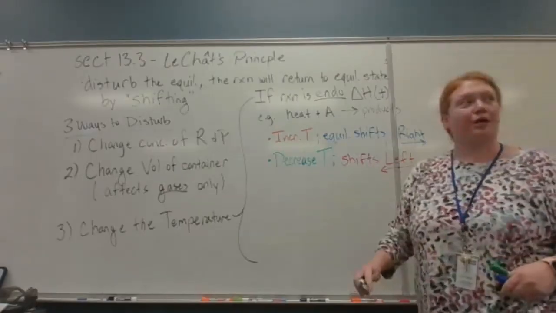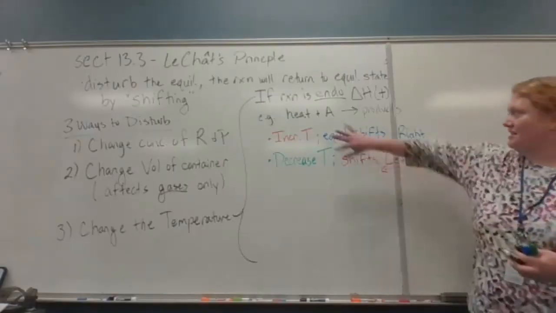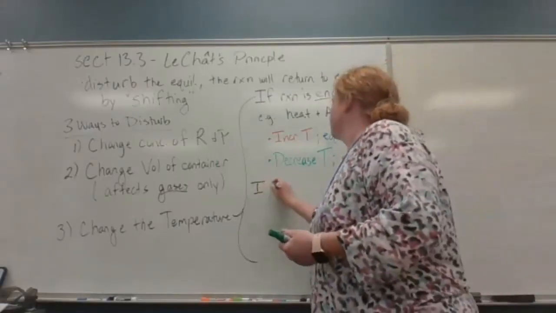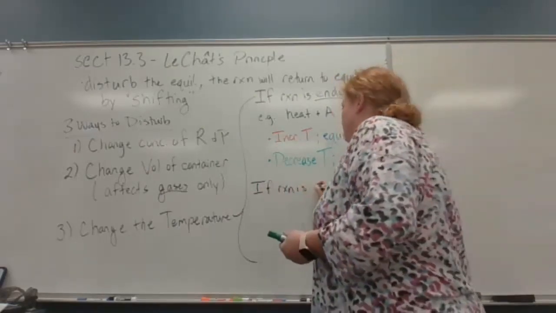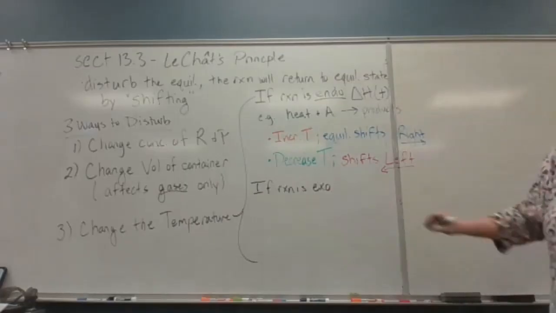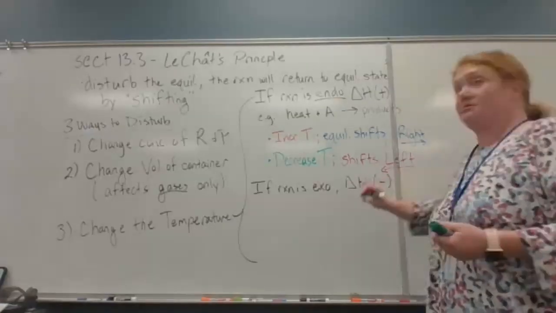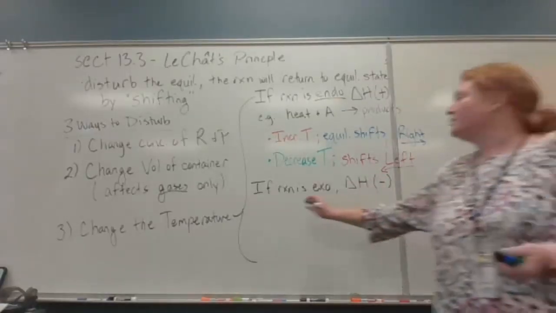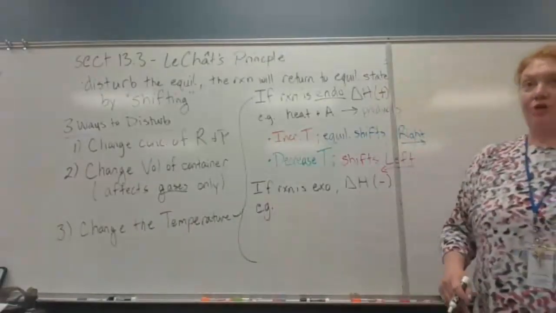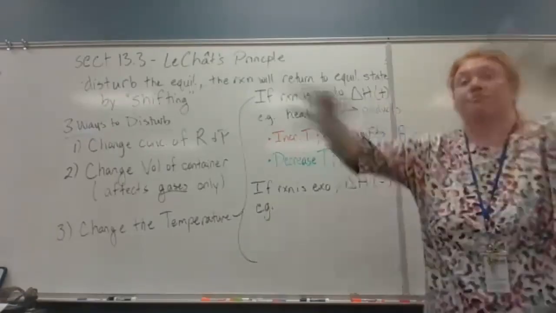Think about what will happen if it's an exo reaction. If it's an exo reaction, it's like the exact opposite of all of this. If you're given a delta H value, then that delta H value is a negative number. If you're just thinking about heat on the reactant or the product side, for an exo reaction, where is heat?